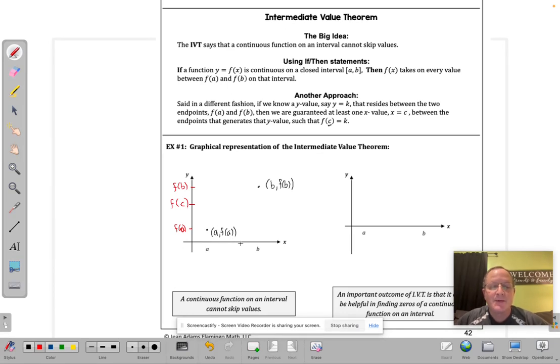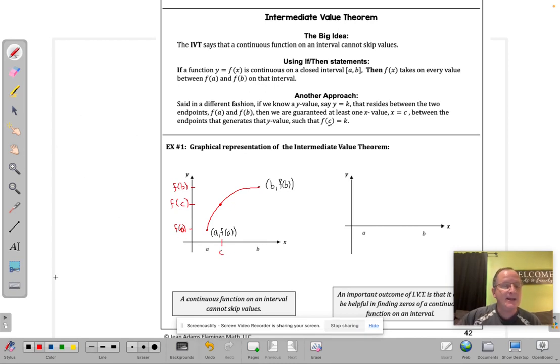And therefore, there's at least one time where that's going to happen. Now, it could happen multiple times. I don't want to label down here really, because it could go right and then travel there, or it could just go straight there like a line. But what we're saying is if I'm going to travel from f of a up here, I know at least one time we're going to have a c value where f of c is going to equal the value we were talking about in between.